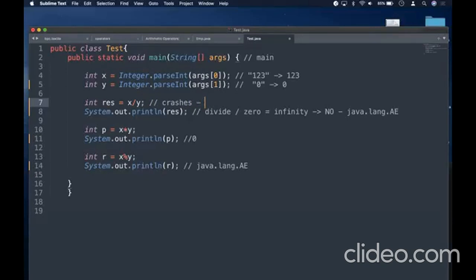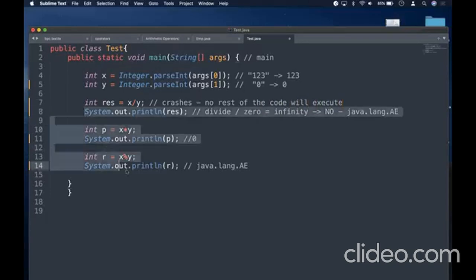The processor tries to find the value infinity and it is not recognizable, so the processor simply shuts off. That means your application will get closed. Here itself it will stop. No rest of the code will execute. That means line number 8 onwards, nothing is going to get executed because it is crashing.